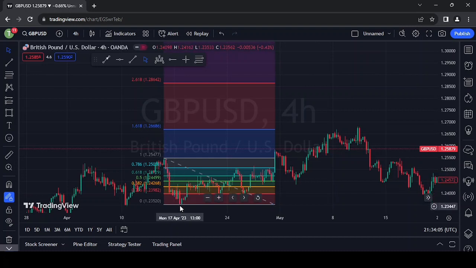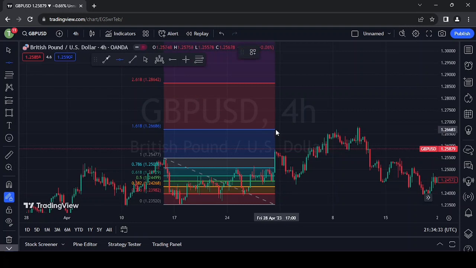From this point to this point, it has increased above 61.8%. Then from this point to this point, it has increased above 161.8. So that's what it means.